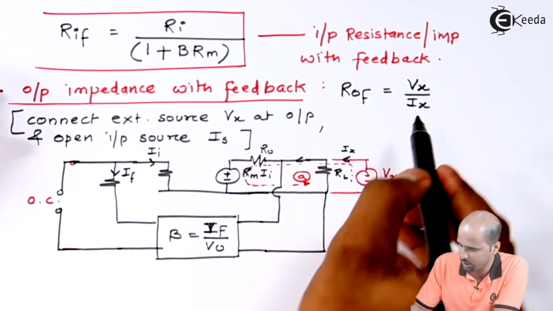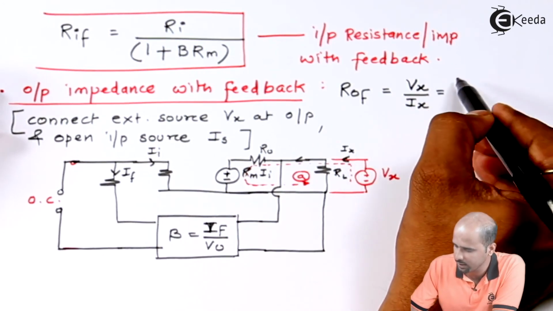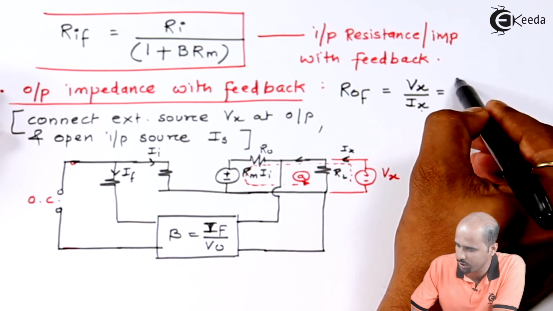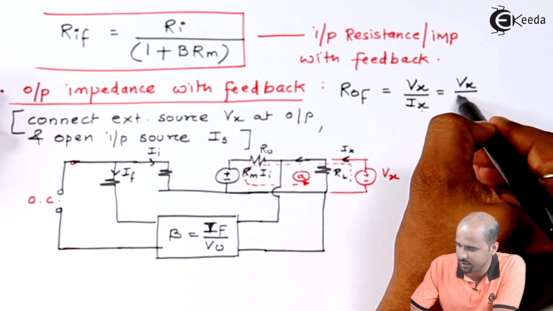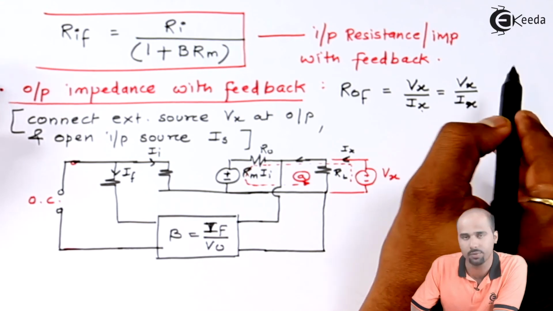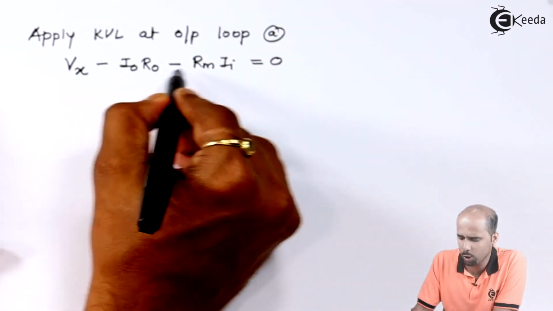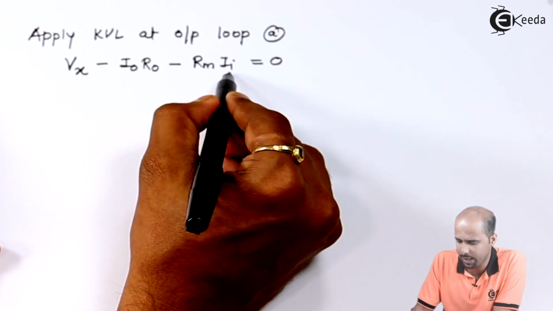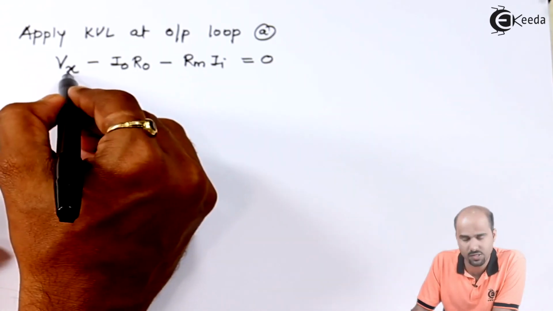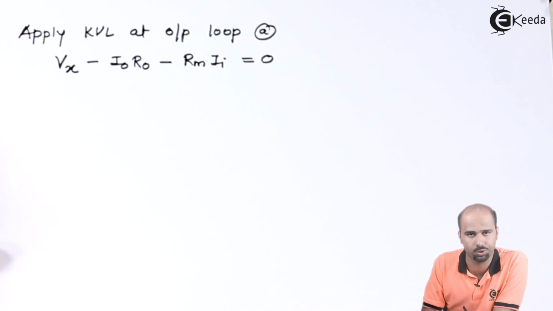So whatever current I get will be IO only, so I can also say Vx divided by Ix only. So the equation is Vx minus IO RO minus Rm into II is equal to 0. This is my equation.